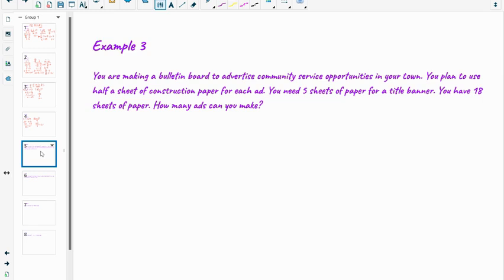All right, so we're going to need to write an equation for this. Let's write it out in words first. We need half a sheet of construction paper. So we say 1/2 times paper. You can write construction paper if you want, but that might just be too much to write. And then we need 5 sheets total for the banner, okay?